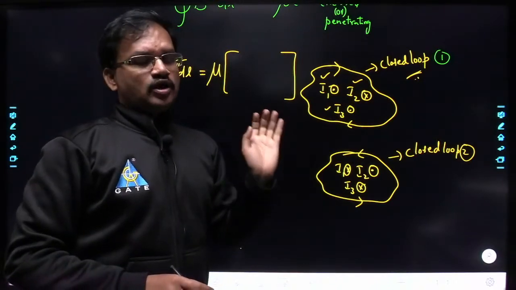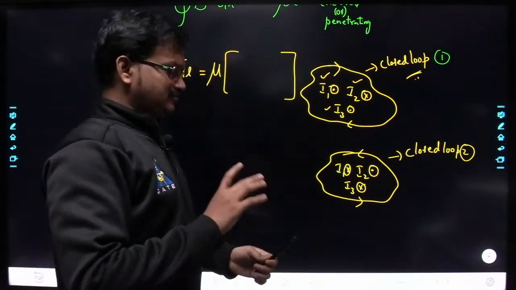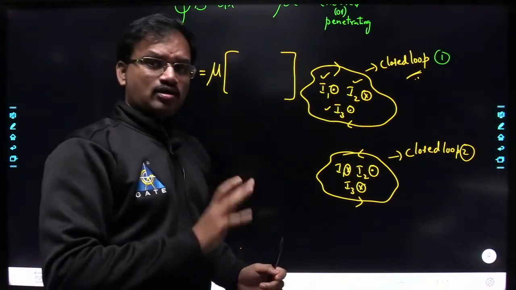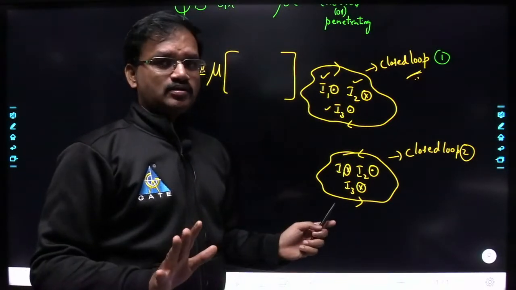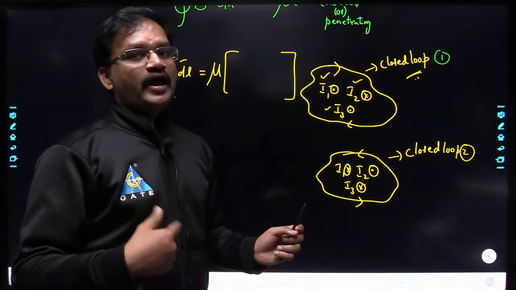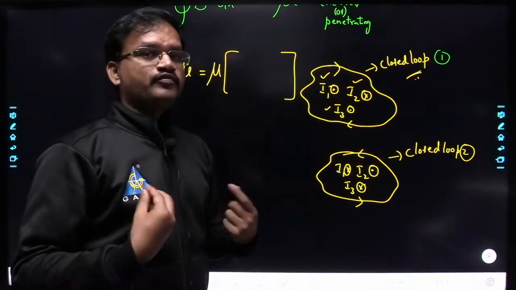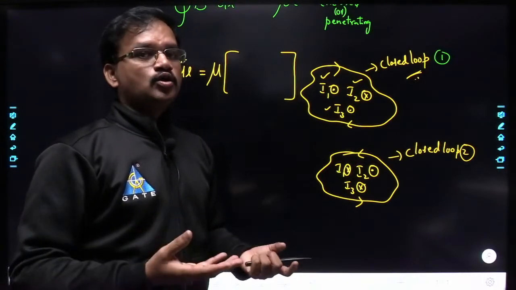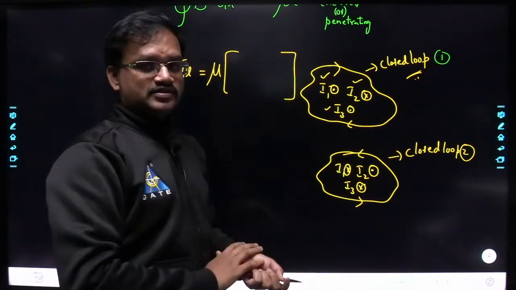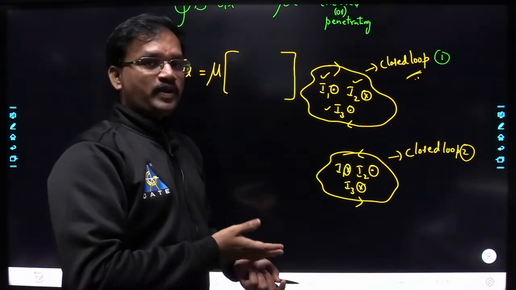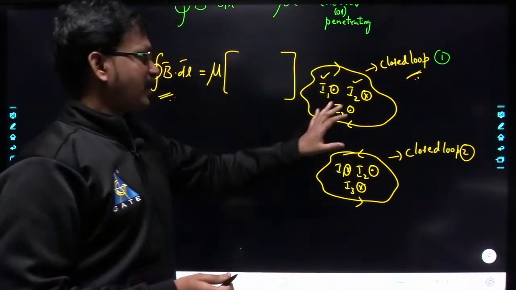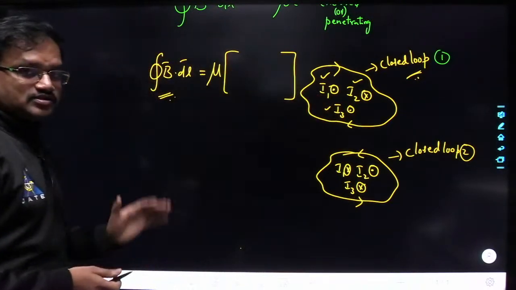So you can enclose the closed loop either in anti-clockwise direction or clockwise direction, it doesn't matter. Ampere's law doesn't pose any condition, so you are free to choose. But while writing the currents, how do you have to write?